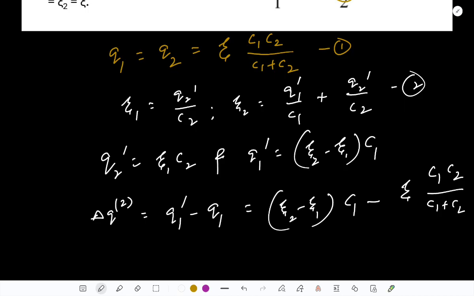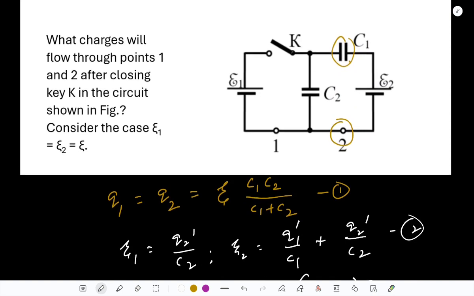Now you will have to notice another thing, about point 1, and not only point 1. If we try to analyze the change in charges of capacitor C2, then it has come through both points, point 1 and point 2.